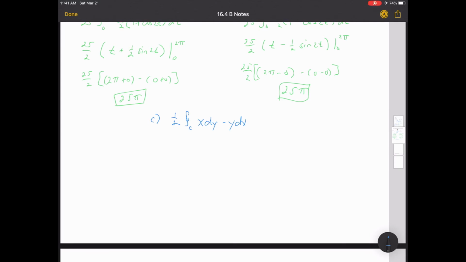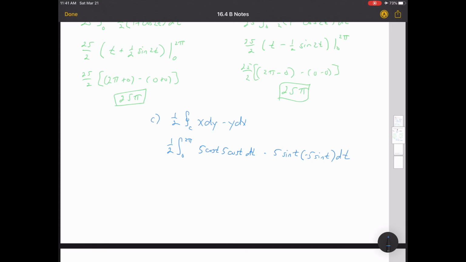I'm not going to keep scrolling up and down, but 1/2, once again, integral will go from 0 to 2 pi. Let's see, x was 5 cosine of t. dy was also 5 cosine of t dt. Minus y was 5 sine of t. And dx was negative 5 sine of t dt.